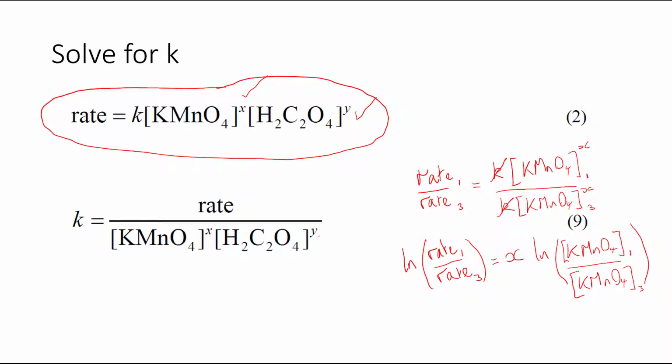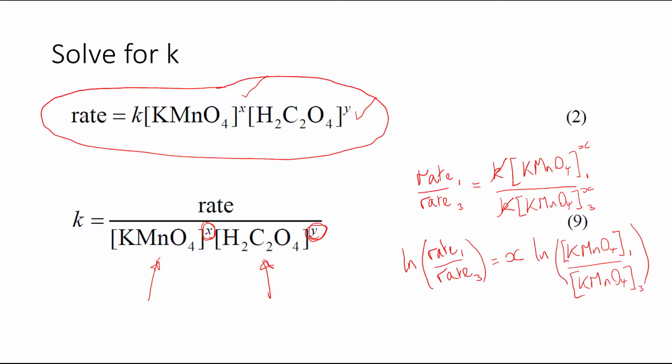So when we know the order of the reaction y with respect to the oxalic acid, and we know the order of the reaction x with respect to the potassium permanganate, we can simply plug in our concentrations for any single experimental set. So let's pick experiment number 1. We plug in that we have 5 milliliters and the concentration associated with that 5 milliliters for the oxalic acid, and we would have a concentration associated with the 1 milliliter of potassium permanganate.